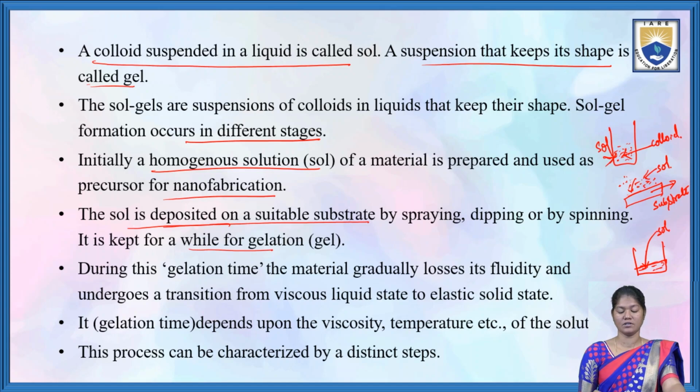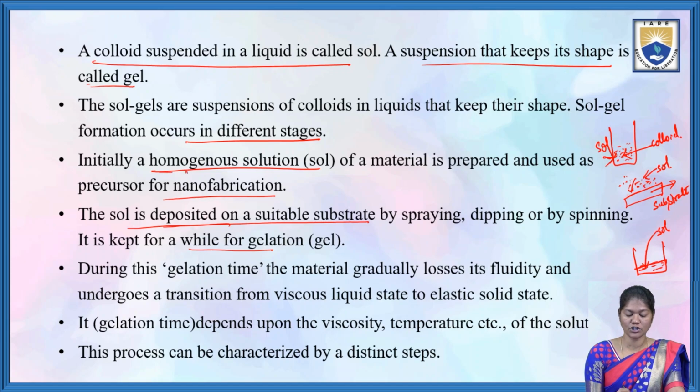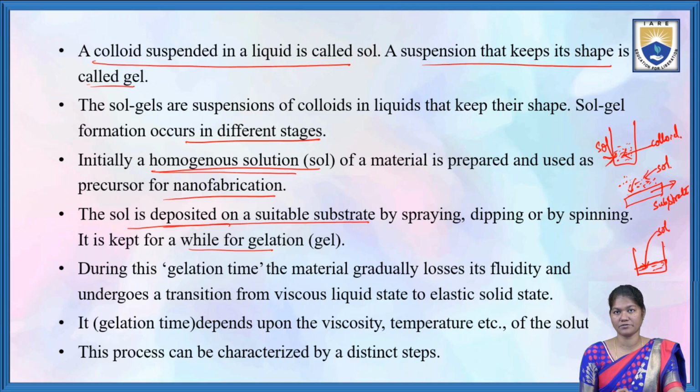Initially we take a homogeneous solution material and use it as a precursor for nanofabrication. That sol is deposited on a suitable substrate by spraying, spinning or dipping. After that we keep it for a while, and it becomes a gelation form.